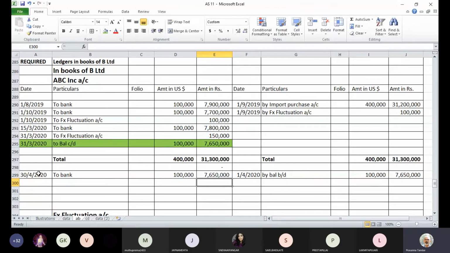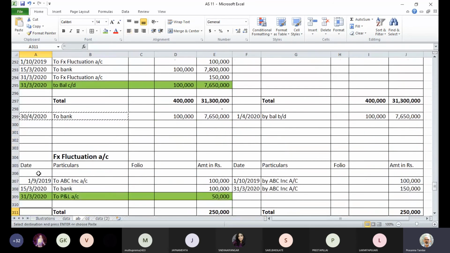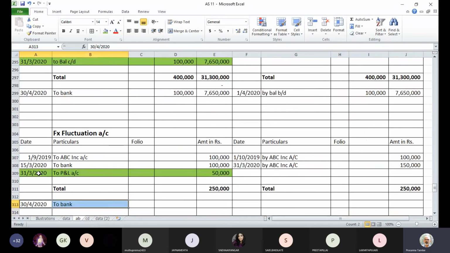So you will debit here 76 lakhs 50,000. But you are actually making a payment of 77 lakhs. Why 77 lakhs? Because the dollar rate is now 77 rupees. So when you make this payment, the extra payment of 50,000 is a loss which is debited to FX fluctuation account.